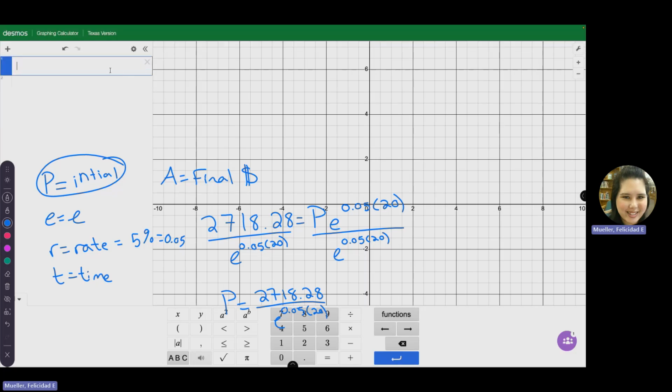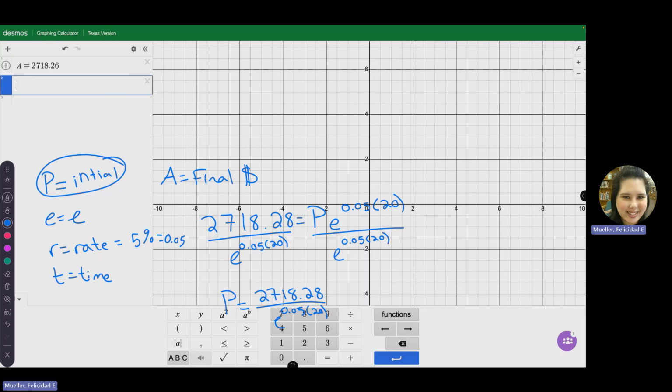So a couple of features you actually have in Desmos that you can use to your advantage is you can set certain amounts to be a certain value. So like A equals 2718.28.